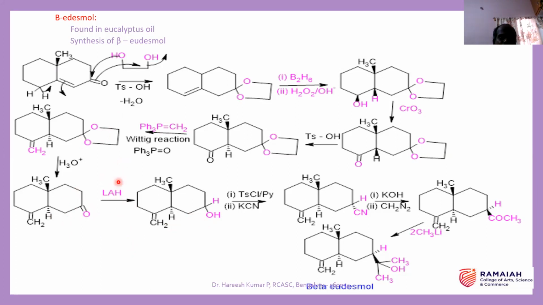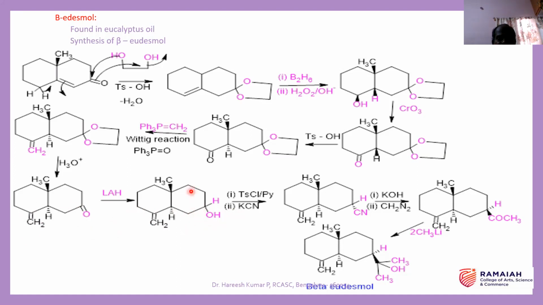Sodium borohydride is the selective reagent for the conversion of ketone to alcohol in the presence of a double bond. So this is also a reduction process, and here also a mechanism is involved.